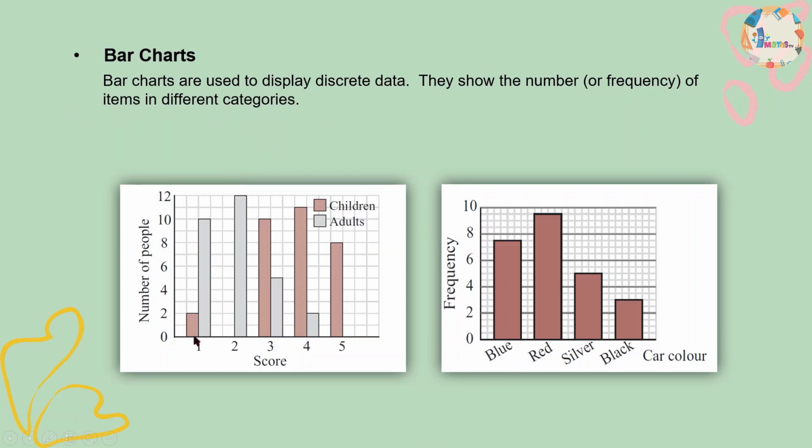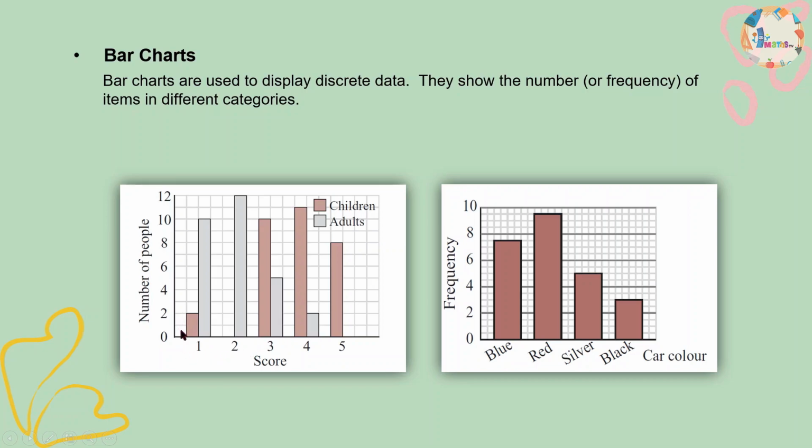For example, see this one, children and adults. This chart is shown for number of people and score. So this is for children and this is for adult. In this case, there's no children category and only the adult category is there. Similarly, in this one, number 3, children are more than adults. So we are showing this in the form of bars, and there should be equal gaps between these bars.